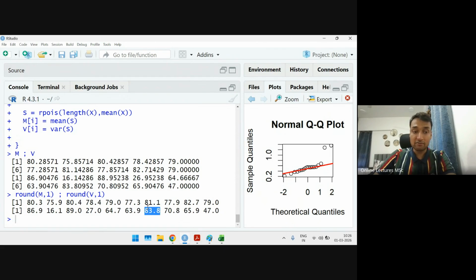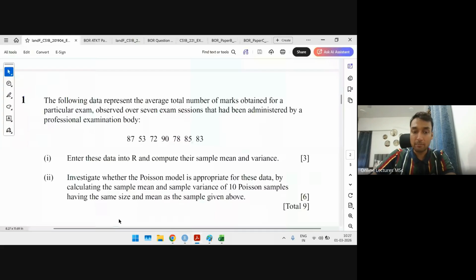This is the only pair where you would be confident saying that mean and variance are approximately the same. For all the other 9 pairs, you would not be confident that mean and variances are equal. Since mean and variance don't stand out to be approximately equal, you say that the Poisson model is inappropriate for this data.